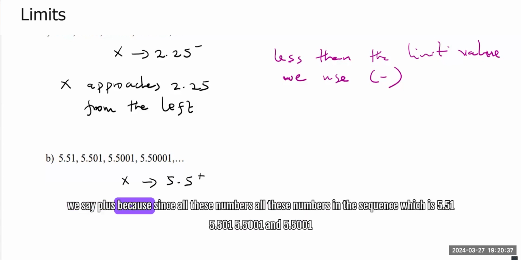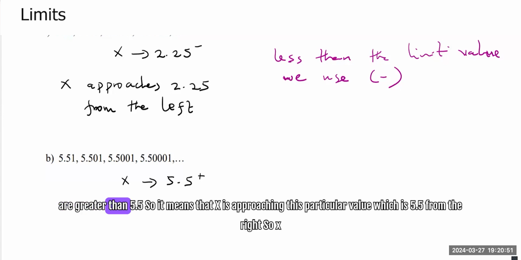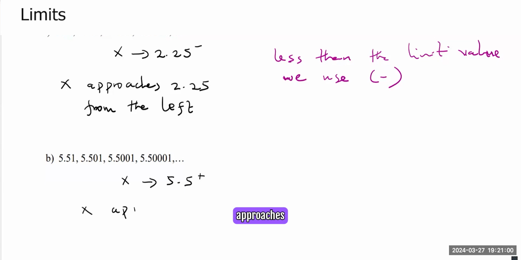We say plus because all these numbers in the sequence, which are 5.51, 5.501, 5.5001, and 5.50001, are greater than 5.5. So it means that x is approaching this particular value, 5.5, from the right. So x approaches 5.5 from the right.